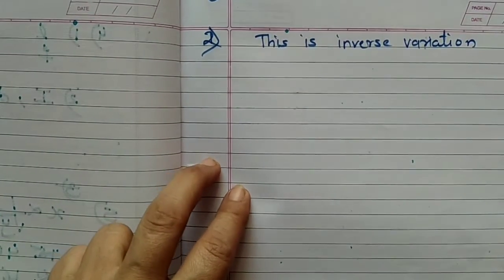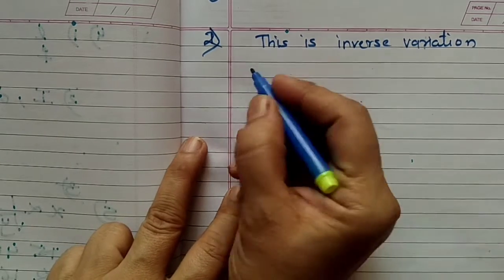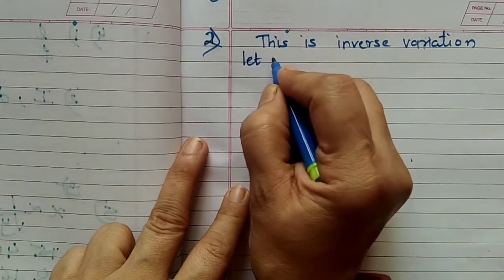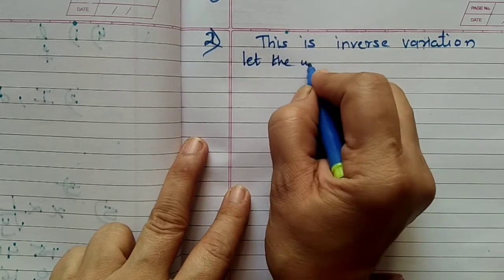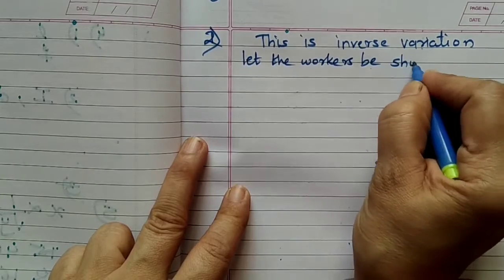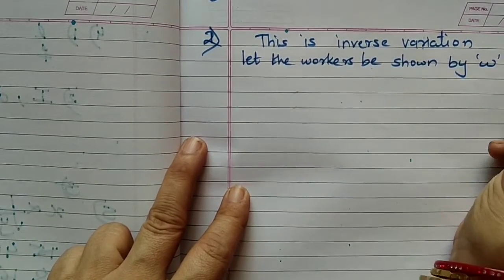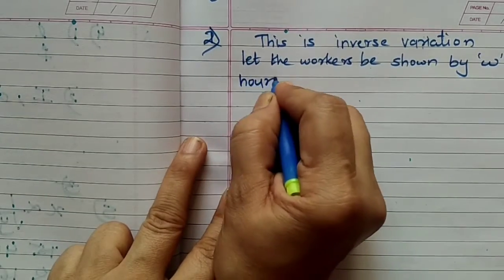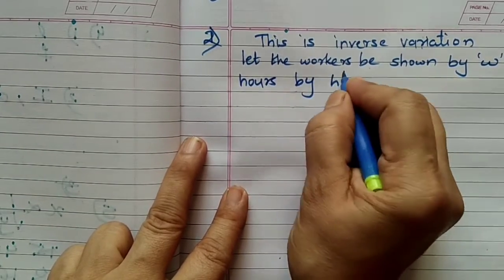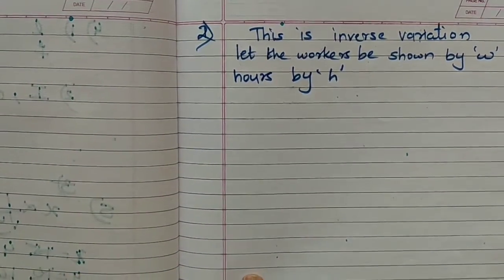Then second we have to write, now what we have are two quantities, workers and hours. So let the workers be shown by W and hours by H. Okay, so we are doing this.